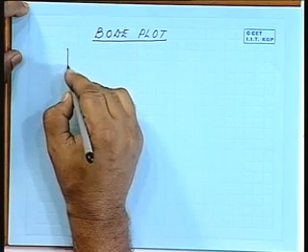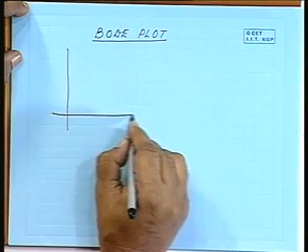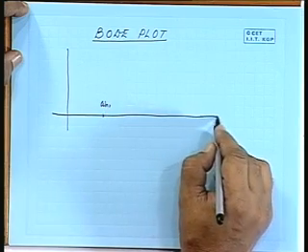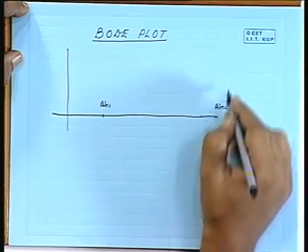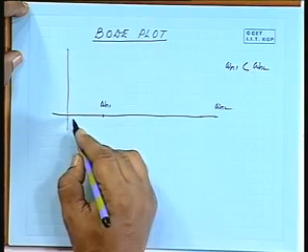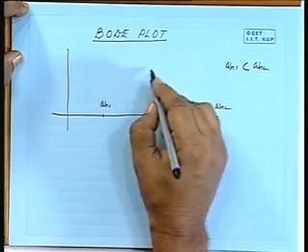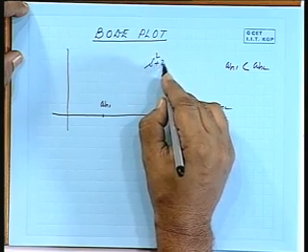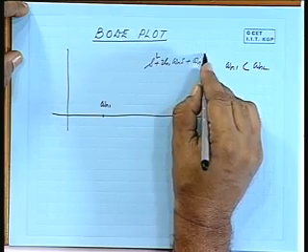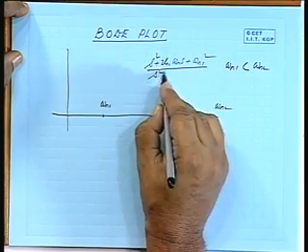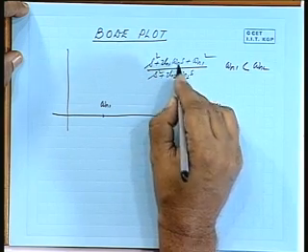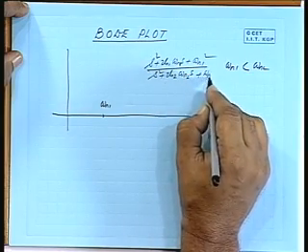Anyway, it was like this. There was a frequency omega n1 and a frequency omega n2. What I meant was omega n1 is less than omega n2, and in the numerator it was s squared plus twice zeta 1 omega n1 s plus omega n1 squared, divided by s squared plus twice zeta 2 omega n2 s plus omega n2 squared.